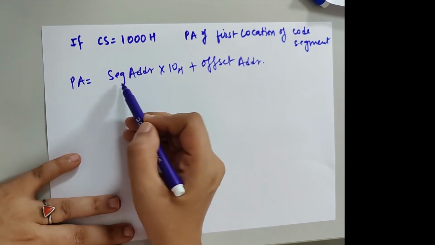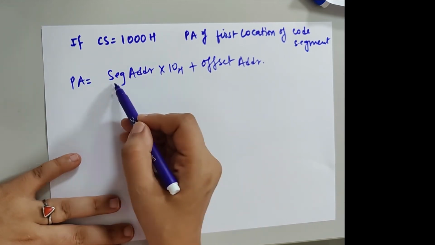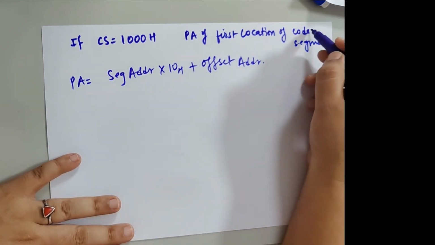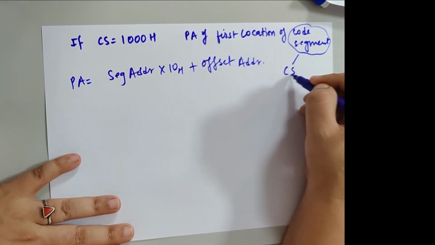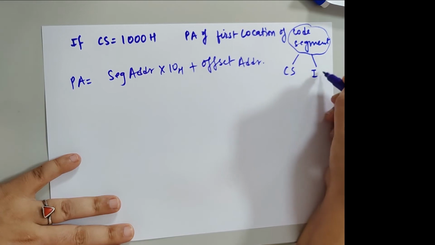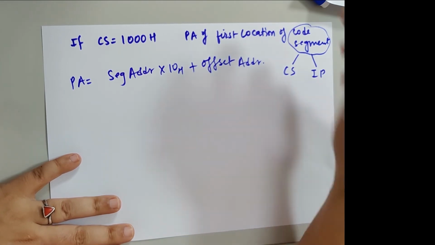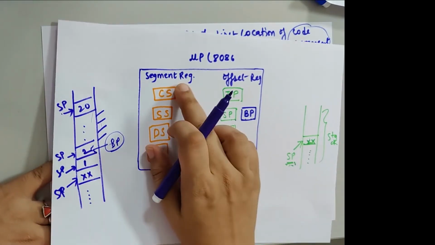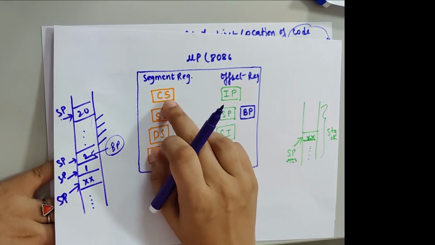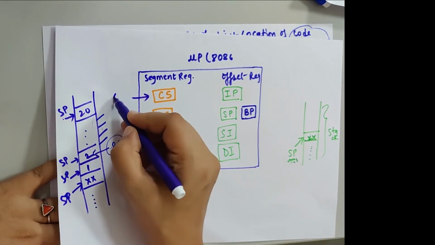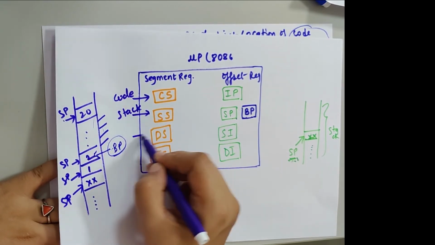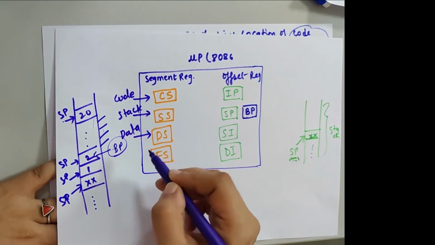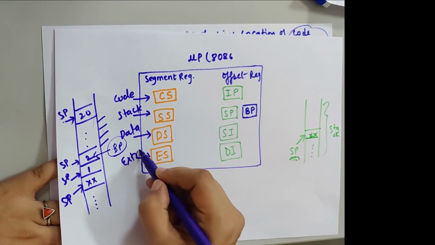So what is the segment address? Which register will it be in? We are talking about the code segment, right? For the code segment, what is the segment register? CS. And what is the offset register? IP, right? We have seen this right now. This is for the code segment; this was for the stack segment, the data segment, and the extra segment.